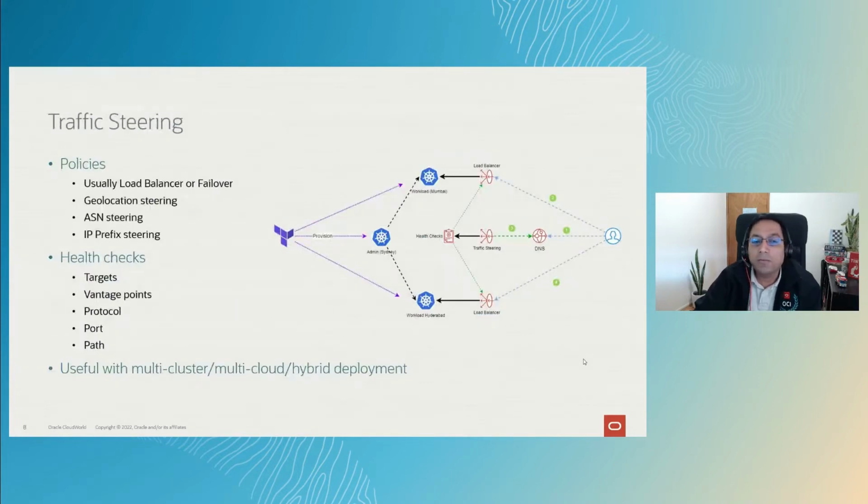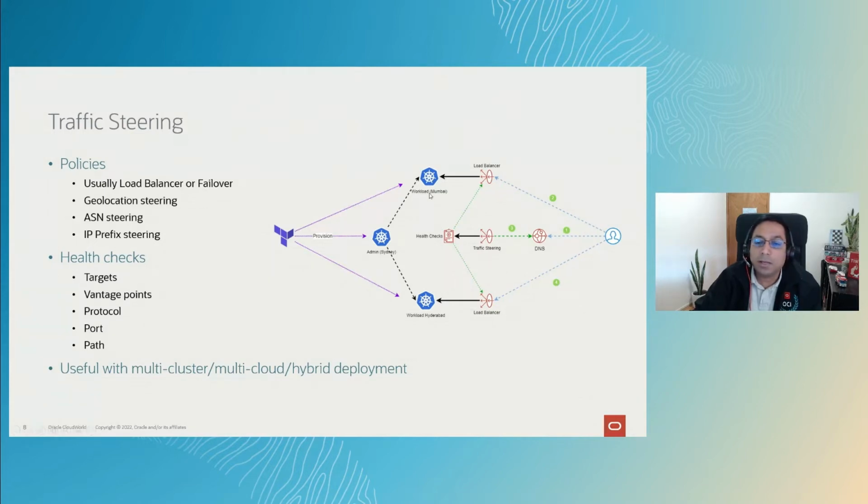Now, once your application is public and you have defined your DNS, what you can further do is use OCI's traffic steering to define certain load balancer policies, for example.